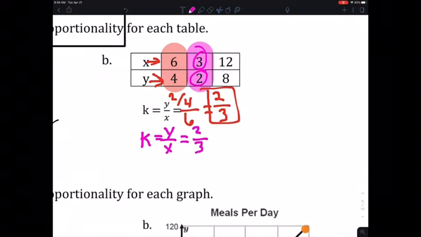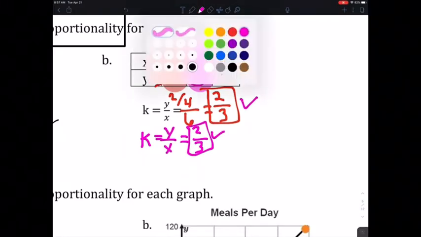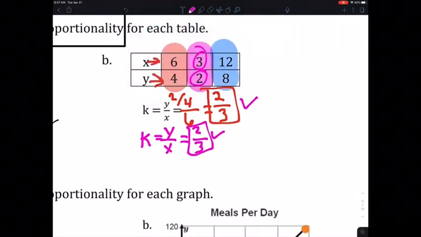That's already in simplest terms, so we don't need to do anything with that. But notice how we're getting the same constant of proportionality right there. And for my last example, let's do it in blue. So k equals, my y value in this one is 8, over my x value, which is 12.